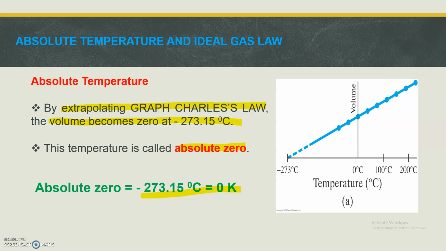As molecules approach this temperature, their movements drop towards zero. It is the lowest temperature a gas thermometer can measure. No electronic devices work at this temperature. The kinetic energy of the molecules becomes negligible or zero.